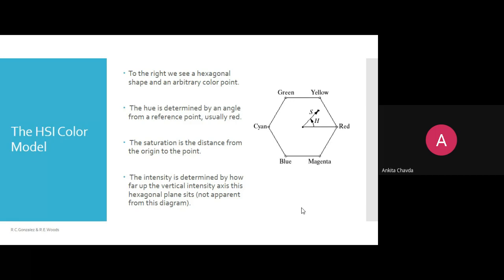And saturation means the length of the vector from white color to whatever pixel you want to measure. That is hue and saturation. And intensity will be calculated based on all three planes, R plus G plus B divided by 3. That is the overall intensity, right?